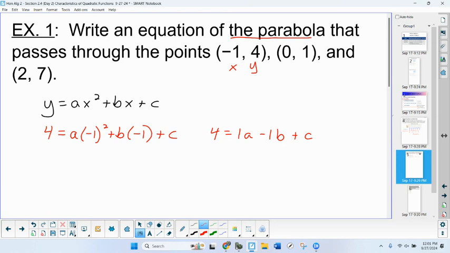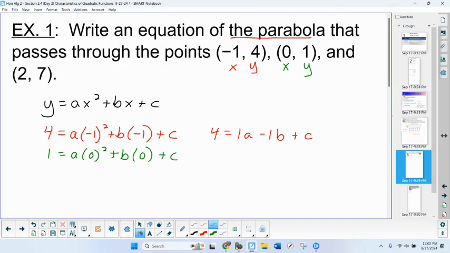All right, well now I'm going to go to the second point. Now everywhere I see an x, I'm going to plug in 0, and everywhere I see y, I'm going to plug in 1. So again, for y, I'm going to plug in 1, a times 0 squared plus b times 0 plus c.